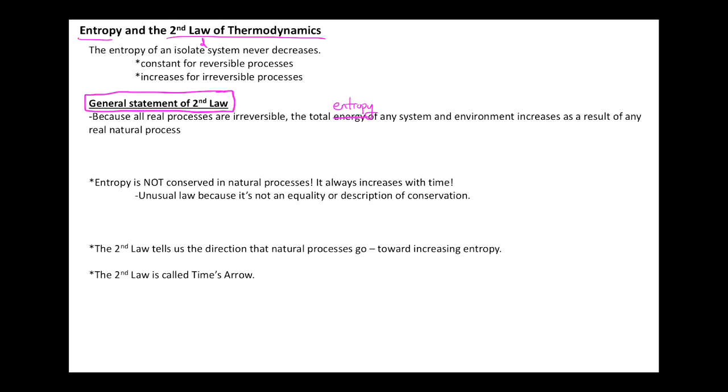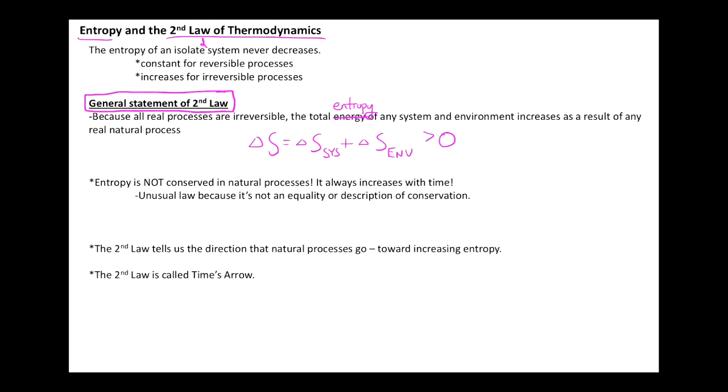So we could write something that looks like this. We could say that the change in entropy equals the change in entropy of our system plus the change in entropy of our environment, and that's going to always be greater than 0. It's going to be positive.